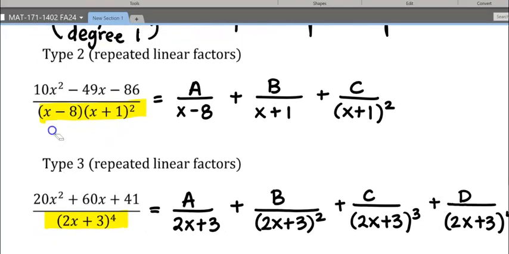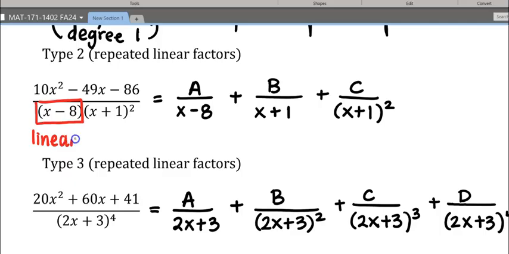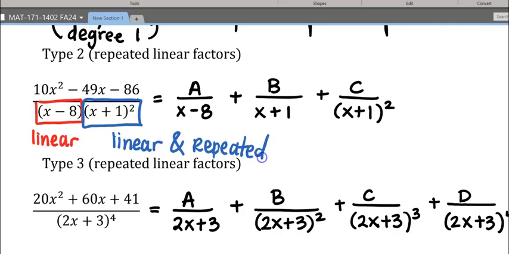It's a little different right here with type 2. If you look at the denominator in type 2, yes, this x minus 8 is linear. This x plus 1 is linear, but it is repeated. It's repeated twice because it's squared.